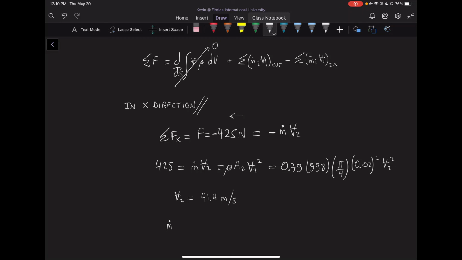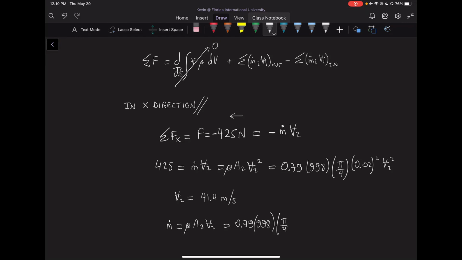And now we know that m dot in or out, back in our first analysis of the problem, m dot is just equal to rho A2 V2. Now that we have the velocity term, we can find the actual mass flow rate in the system. So our mass flow rate is equal to 0.79 times 998, and 998 is the density of water, from our tables.